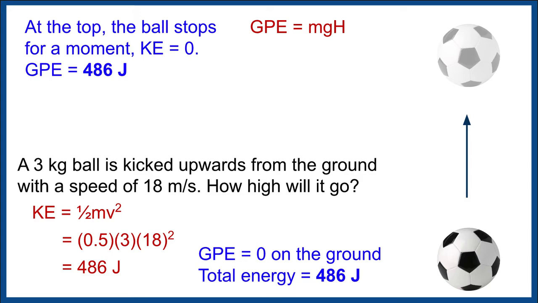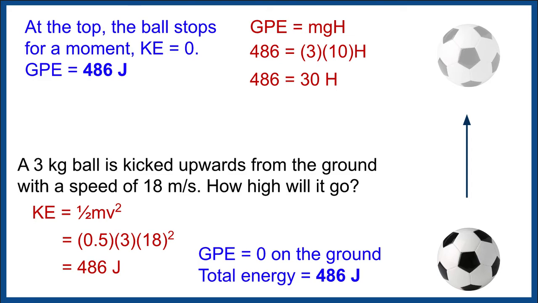Most of the numbers seem to be given to us here. Remember that little g is equal to 10 because that's the strength of gravity on the Earth. So we can fill in some of the things we know. We're going to have to do a little algebra to figure out what that H is. Let's talk through those steps. A good first step is to multiply the 3 times the 10 and get those numbers together down to one value.